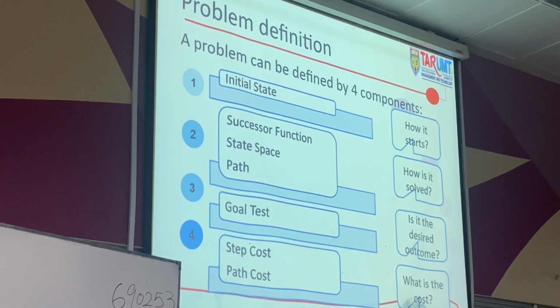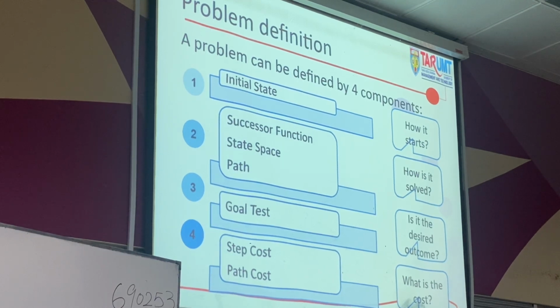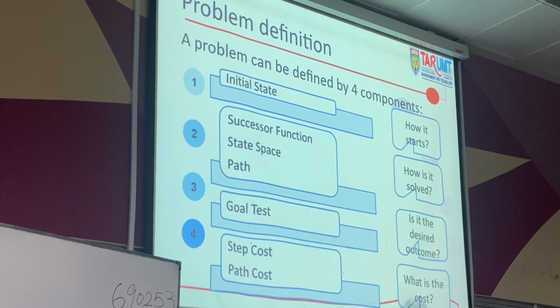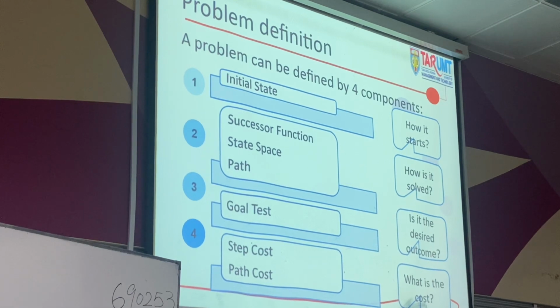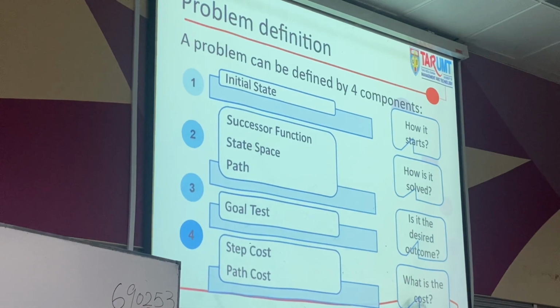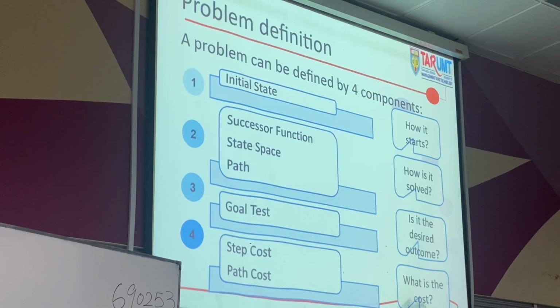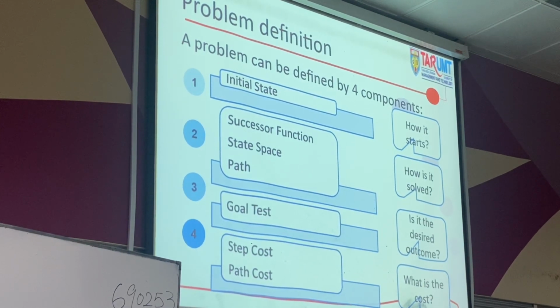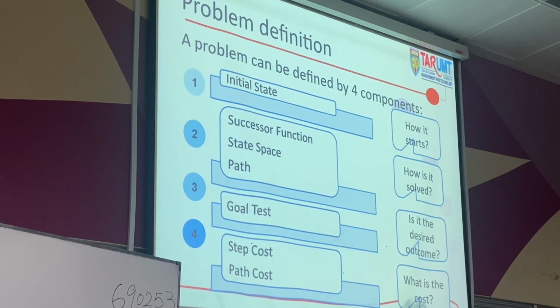If your optimal solution is to reach the destination in the least distance, when we talk about distance, then your step cost will be in maybe meters or kilometers. What is the cost from one state expanding to another state? The cost depends on your optimal solution.